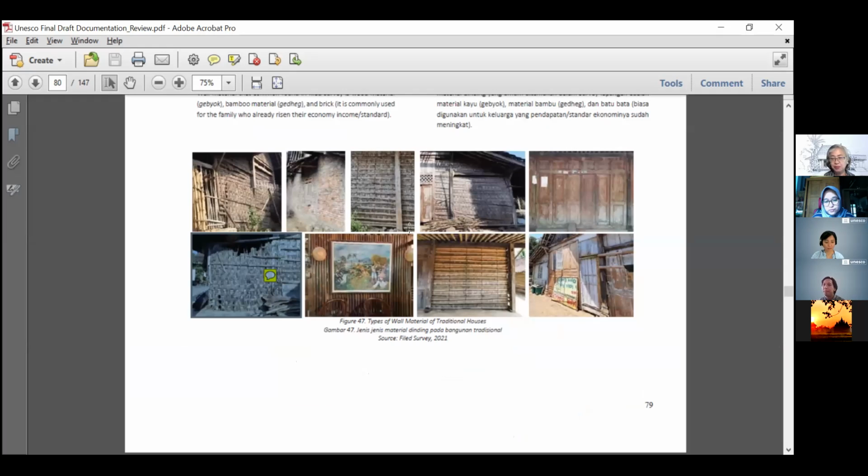And regarding the carpenter, actually they still have carpenters because they still make some more traditional houses in this case. Yes, we will put this, and maybe also their challenges. Ibu Titi, Bu Anggi, Bu Nining, if you have any comment or additional information, please.